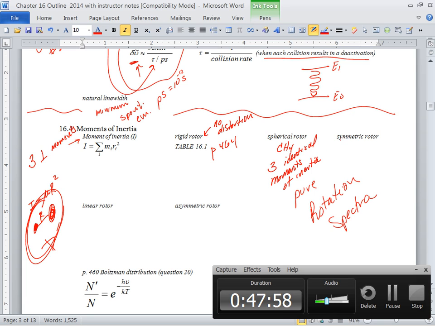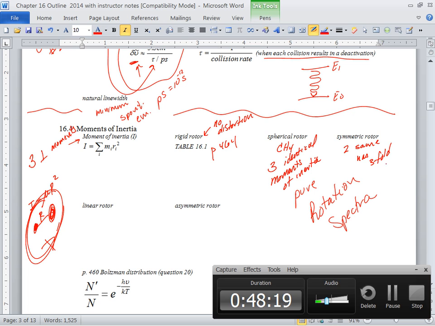Symmetric rotor. Remember, there's 3 moments of inertia to characterize any molecule. So spherical, all 3 are the same. Symmetric, 2 are the same. 2 of those moments of inertia, right? I don't know where this stuff is coming from.